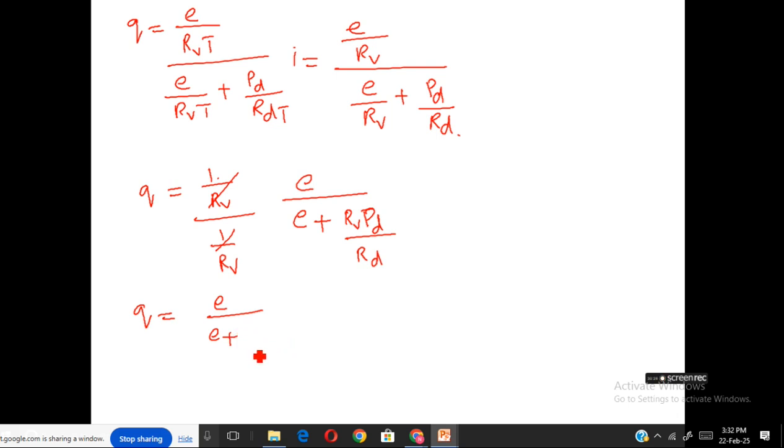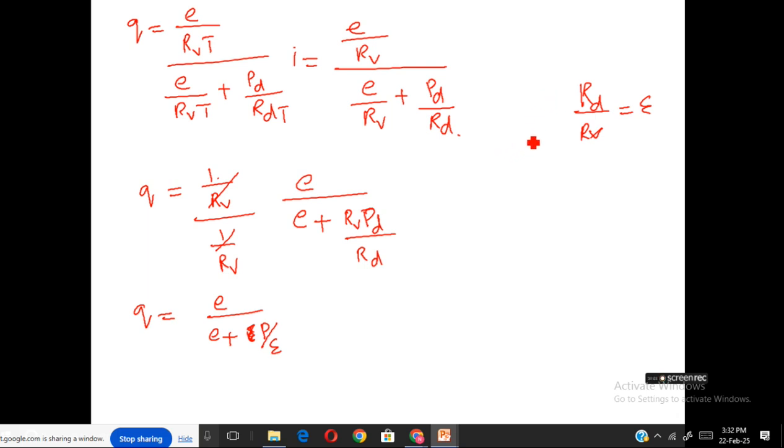RV by RD can be written as 1 by epsilon, because RD by RV is epsilon.